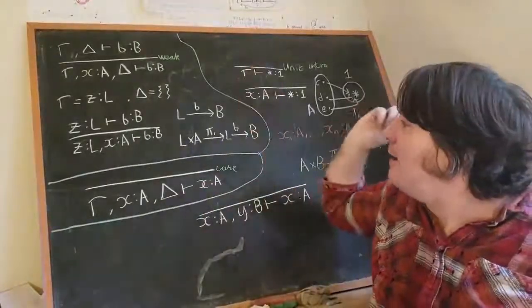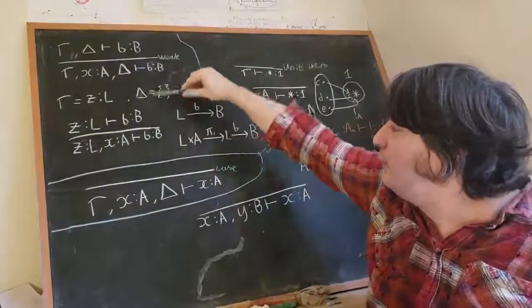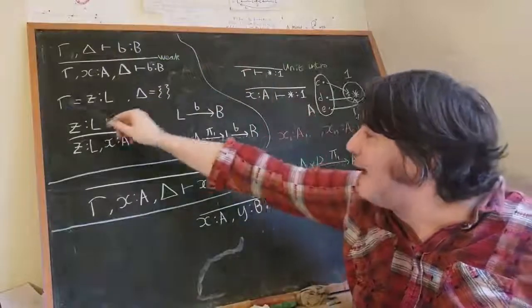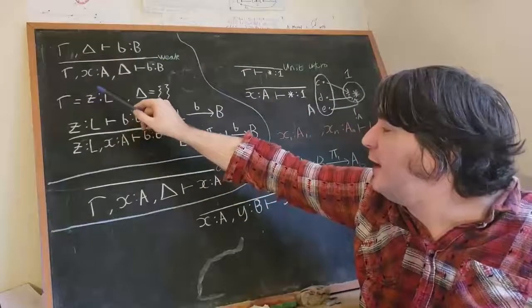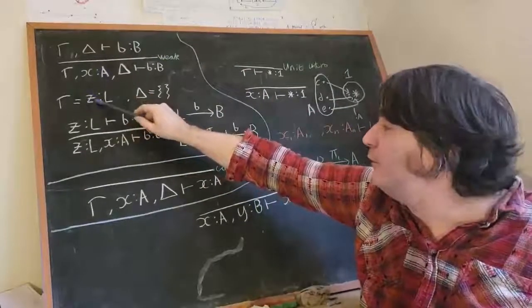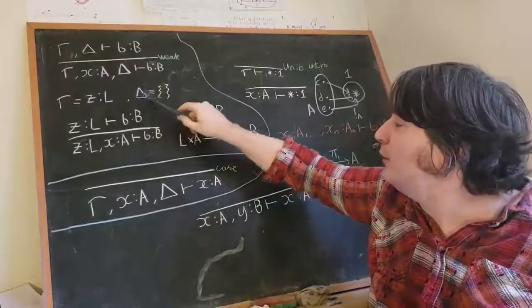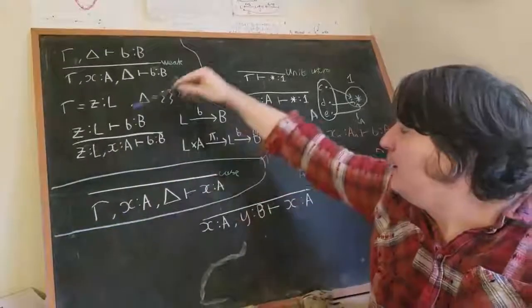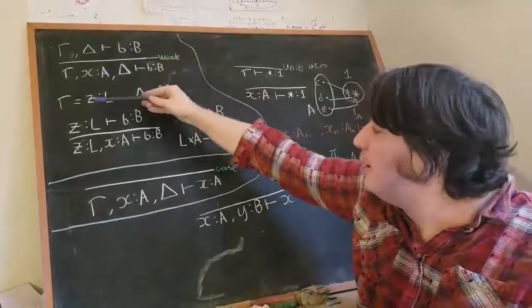So here's a specific example of this result. We'll take the case where gamma just consists of saying that we have this variable z of type L, and we'll also take delta to be the empty context. So this is a special case of this rule, and we have it here.